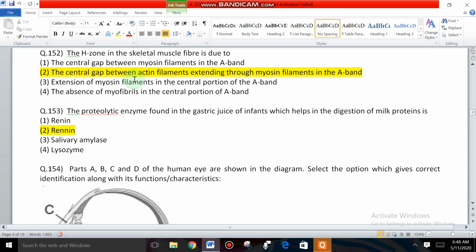The central gap between actin filaments extending through the myosin filaments in the A band, or the dark band. You understood or not? Clear? There is a non-overlapping area of the actin filaments on the myosin filaments. So in that, myofibrils are present. Myosin is present, but there is no actin.